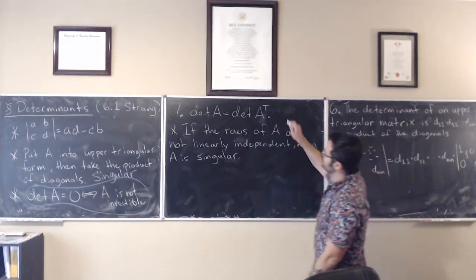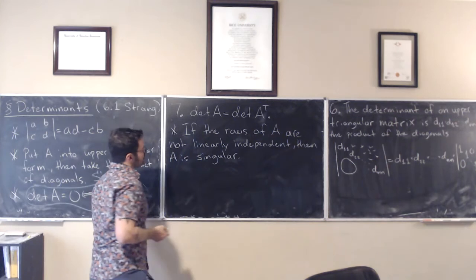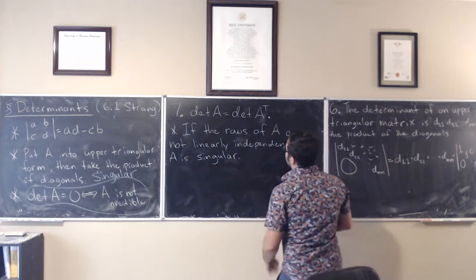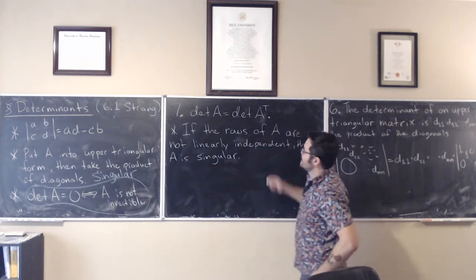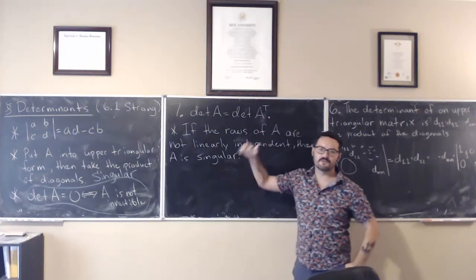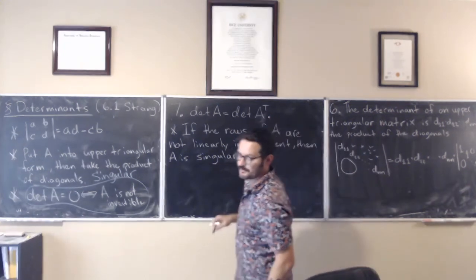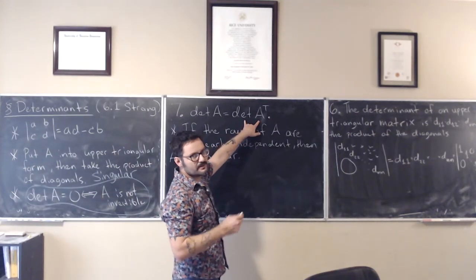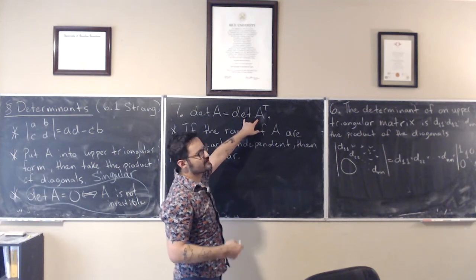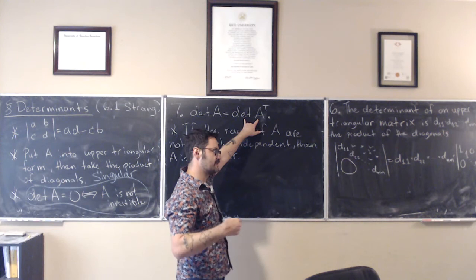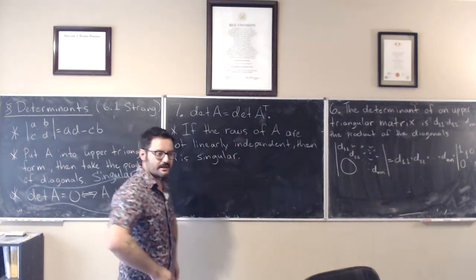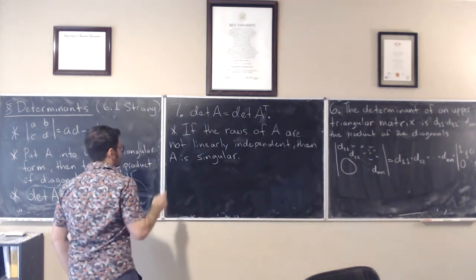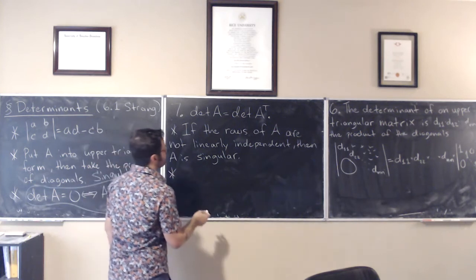Now, what does property 7 say? The determinant of A is equal to the determinant of A transpose. The columns of A become the rows of A transpose. So if the rows in A transpose are not linearly independent, then it's going to be singular. The columns in A will not be linearly independent either.